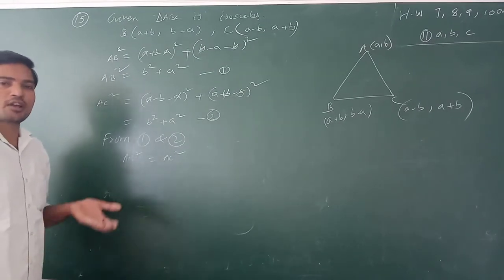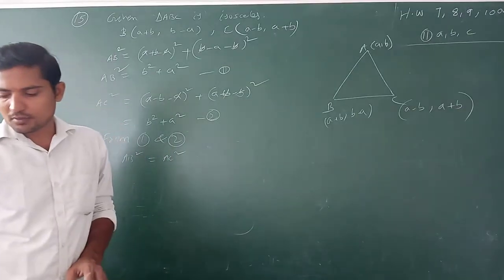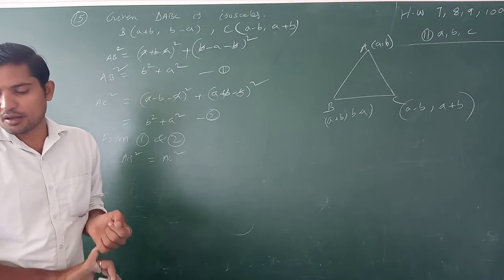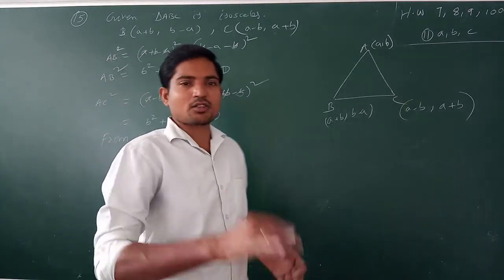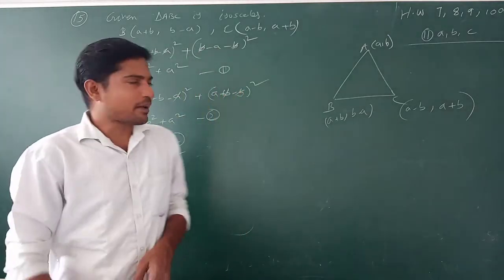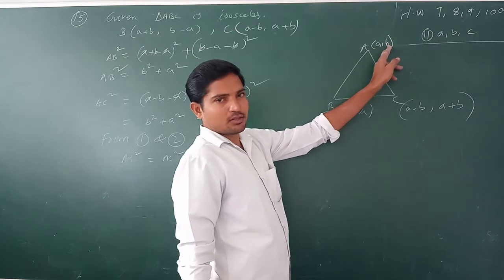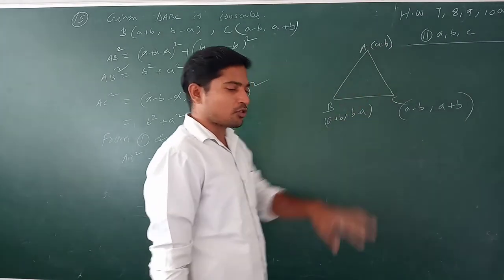No need to verify the other option (b, a). Next, let us suppose the other options with b coordinates. That option is also not there. Then let us suppose dividing with a the coordinates. A by A is 1 and B by A. That will be sure.